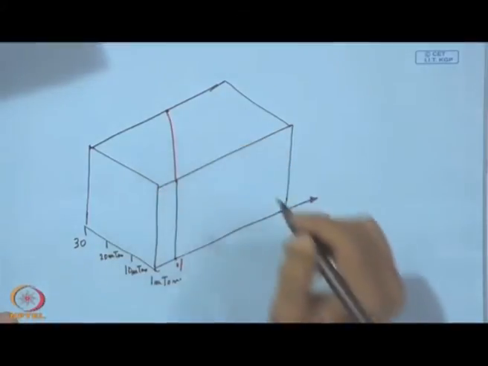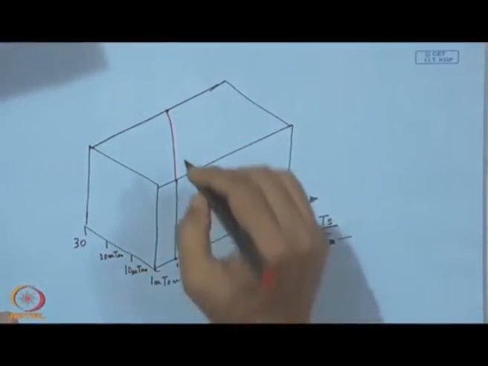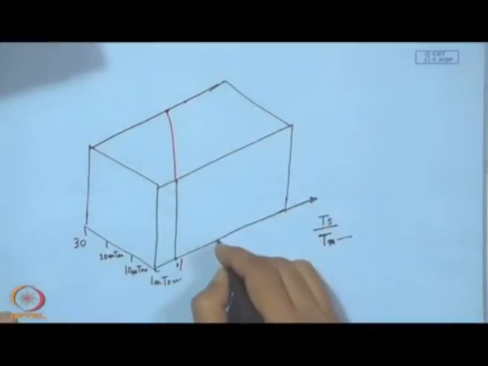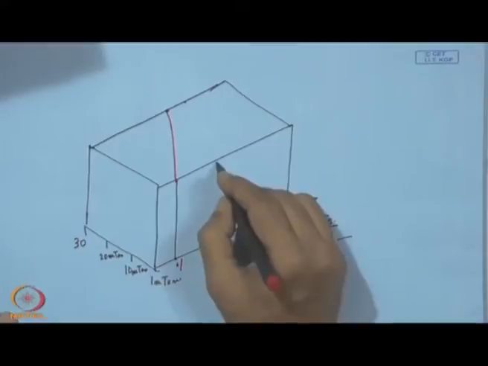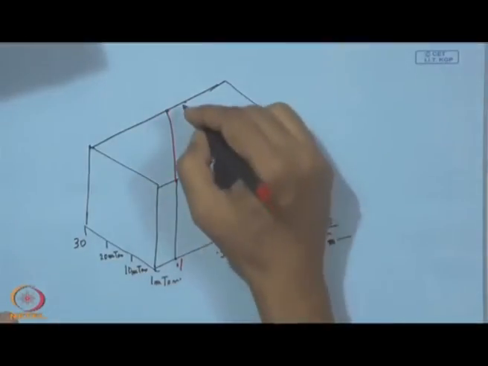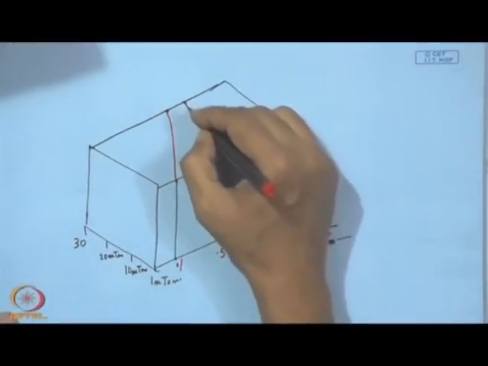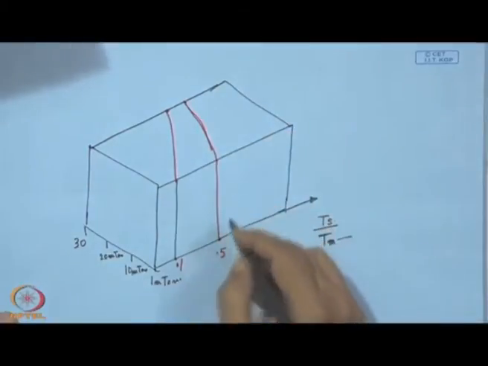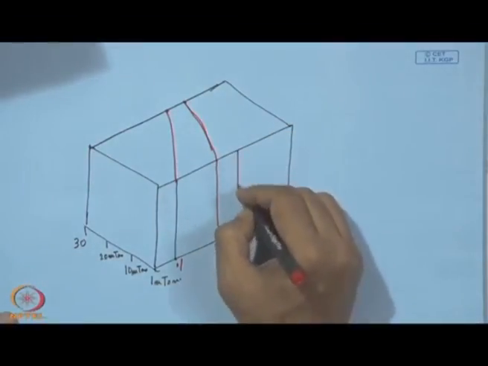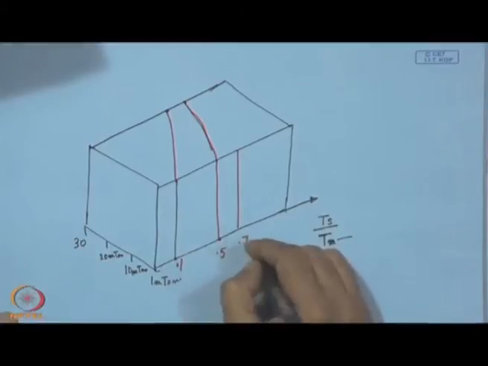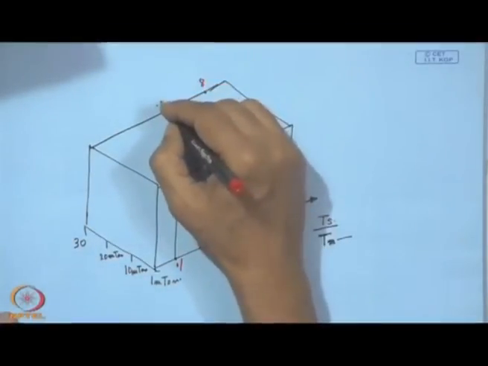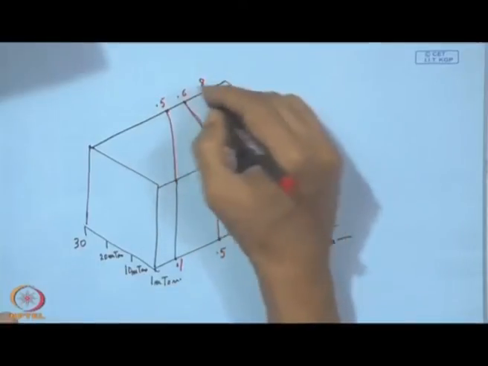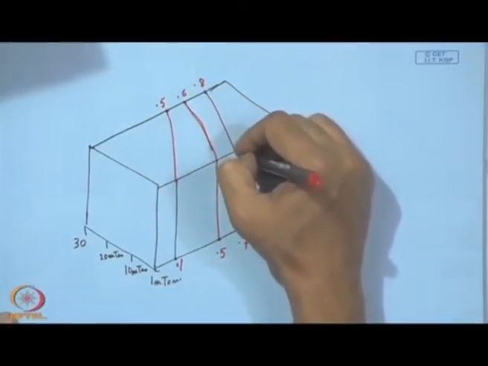Then we have another zone which comes around 0.5. Then we have another zone around 0.7, and here it is around 0.8. So, this is 0.5, this is 0.6, and this is 0.8.